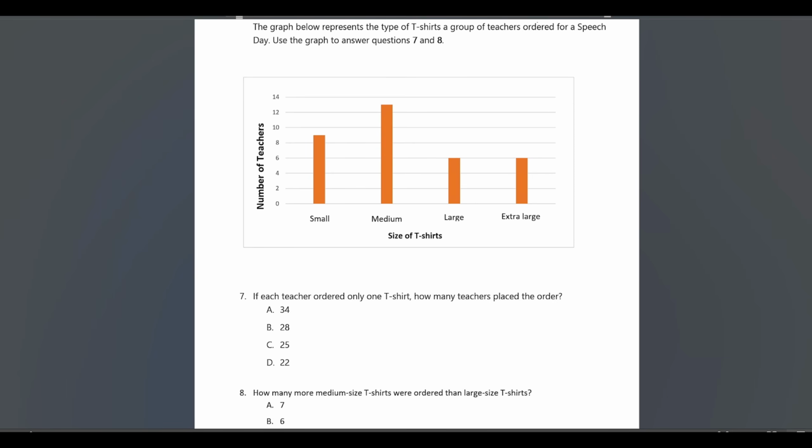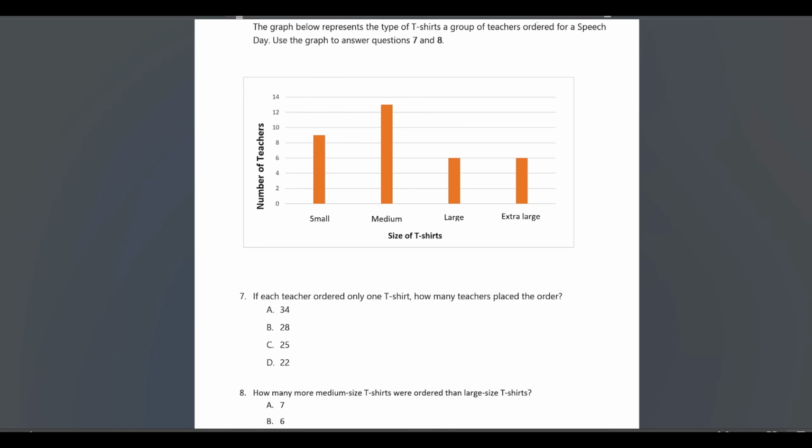So from the bar graph, you could see that we have 4 different categories of t-shirts ordered by the teachers. So we have small, medium, large, and then extra large.